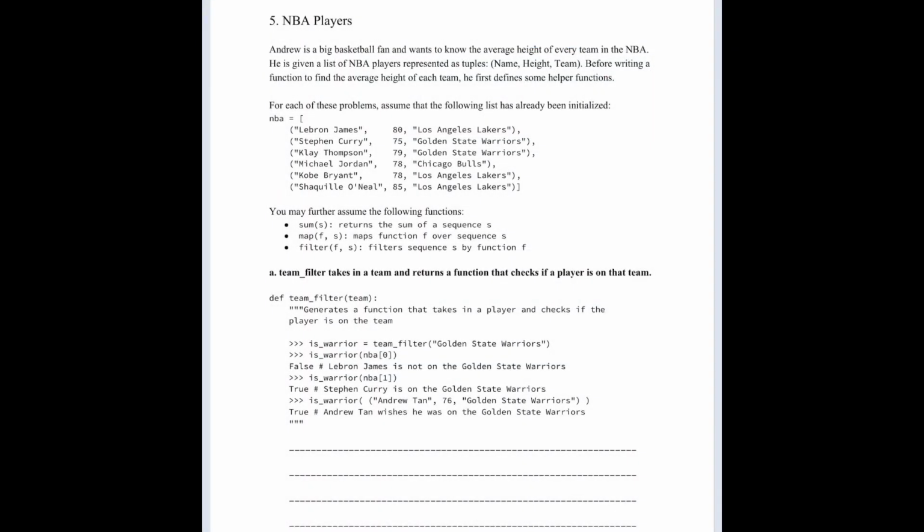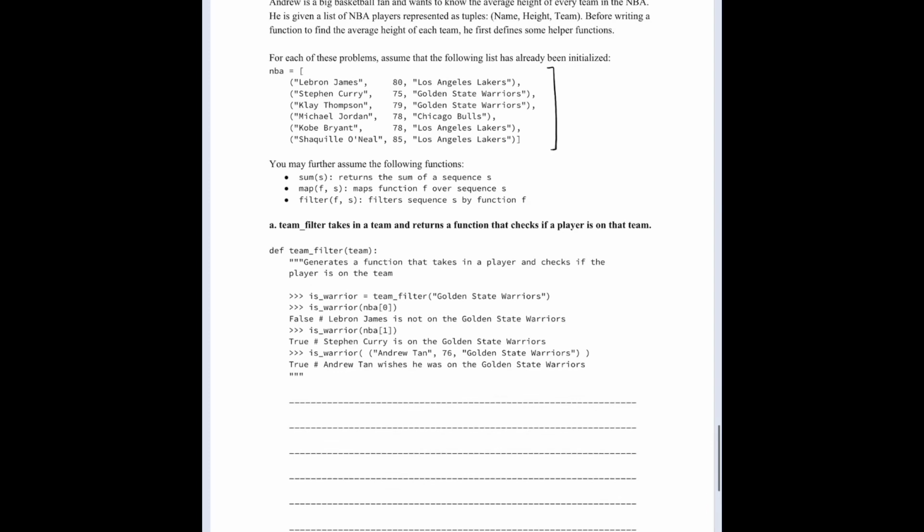Cool. So now for number 5, we're going to be doing NBA players. Essentially we're given how players look, and how the NBA data structure of a bunch of players looks. So we see here we want to do team filters.